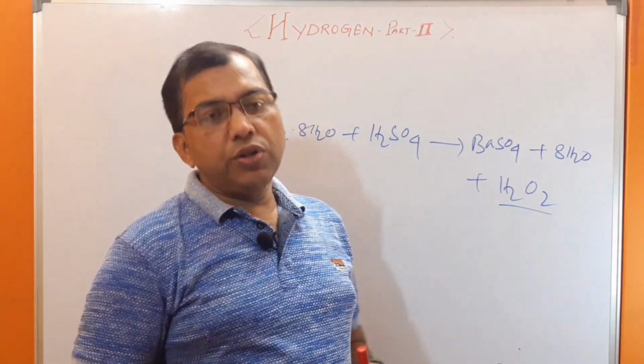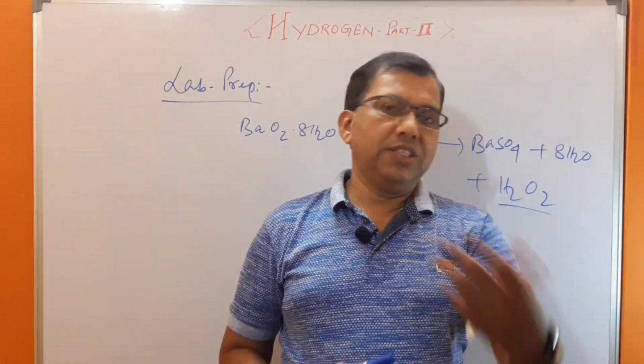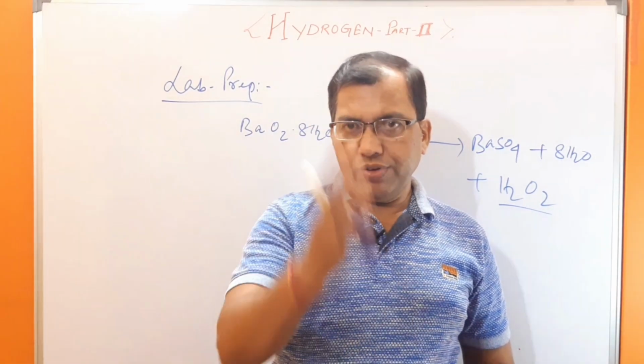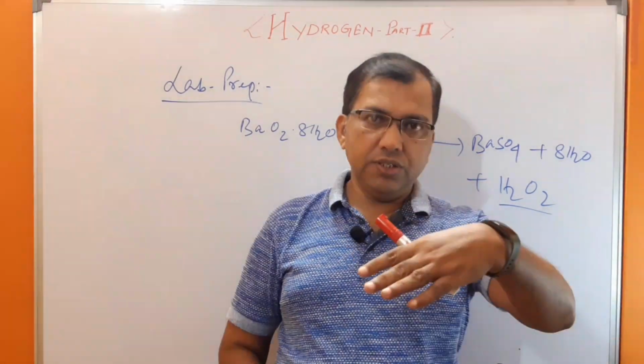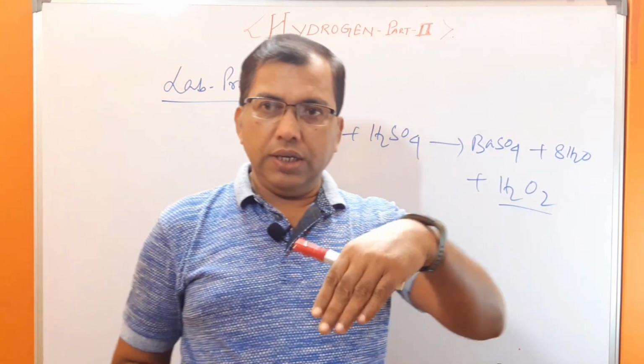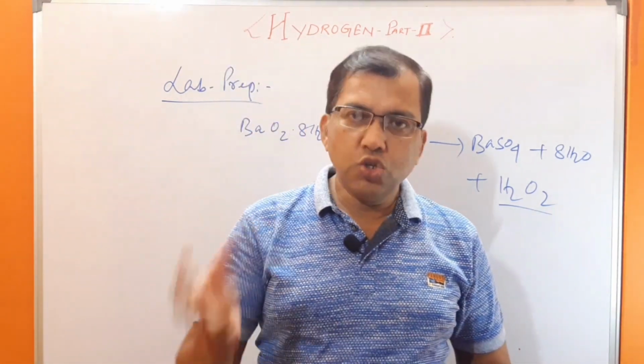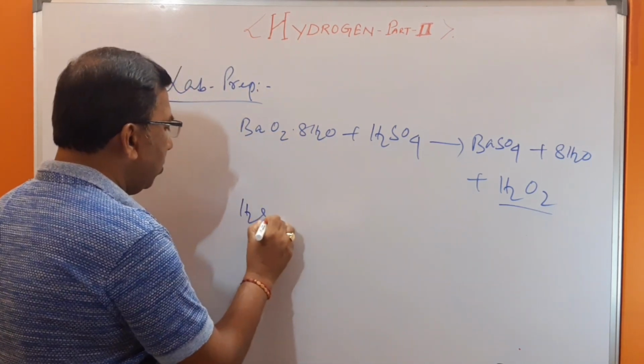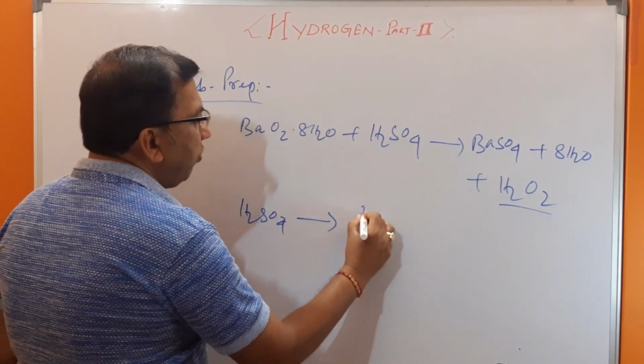Next, you can also prepare it by the electrolysis of 50% sulfuric acid. On electrolysis of 50% sulfuric acid, H2O2 will form.